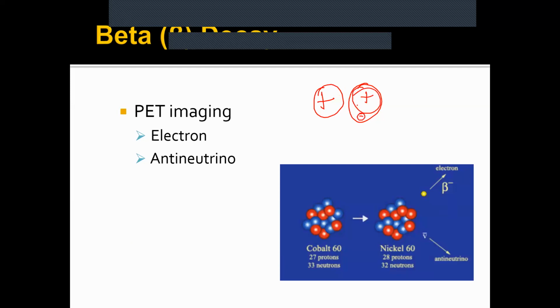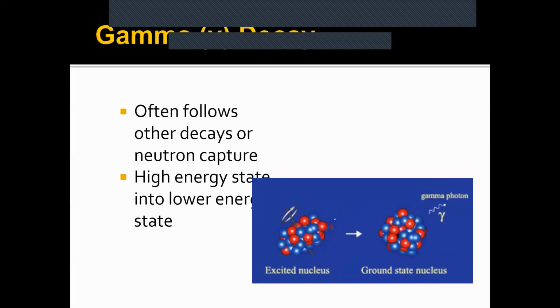And that's why it doesn't have a charge. But the thing is that it can then decay, releasing this electron, and that will be your beta decay. It also releases an antineutrino, but you really don't have to worry about what an antineutrino is.